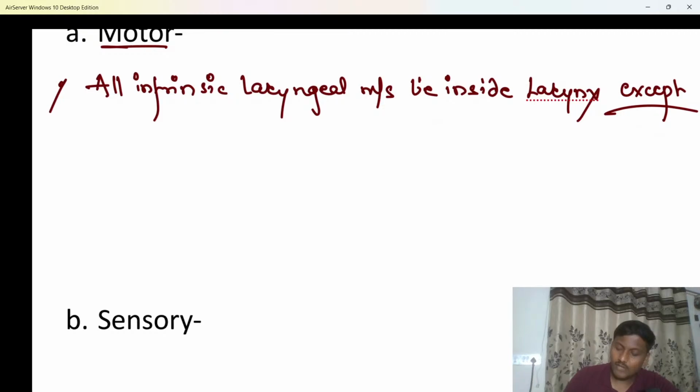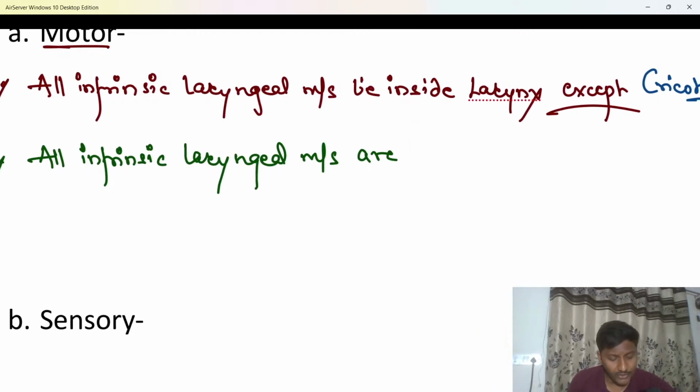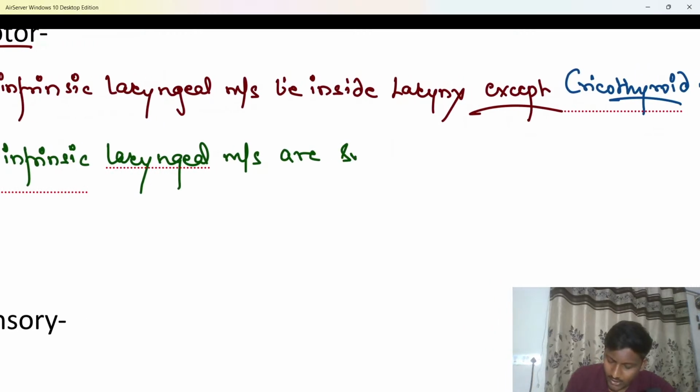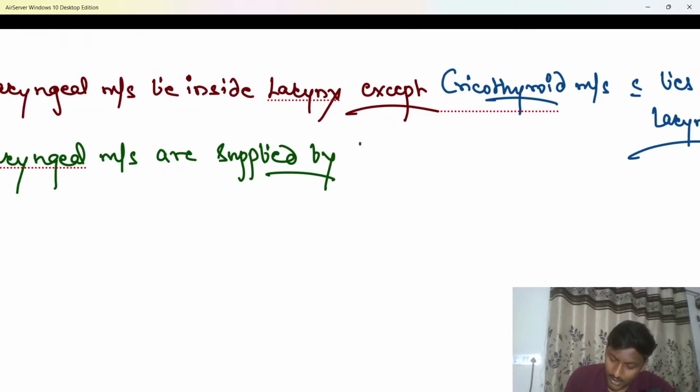First statement. Therefore, it will be easier for you to remember that all the intrinsic laryngeal muscles, beta, are supplied by, or innervated by, whatever you feel, you can call it supplied or innervated. So all of these intrinsic laryngeal muscles are supplied by which nerve? The RLN. What is RLN? The recurrent laryngeal nerve.